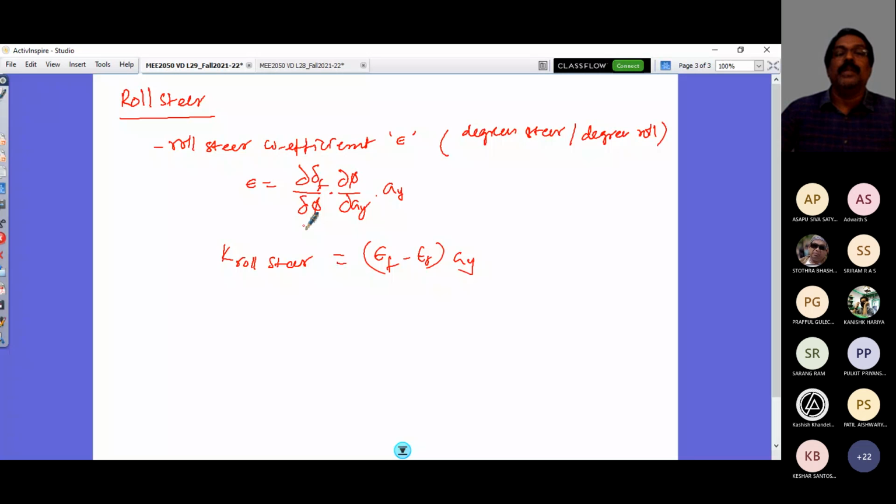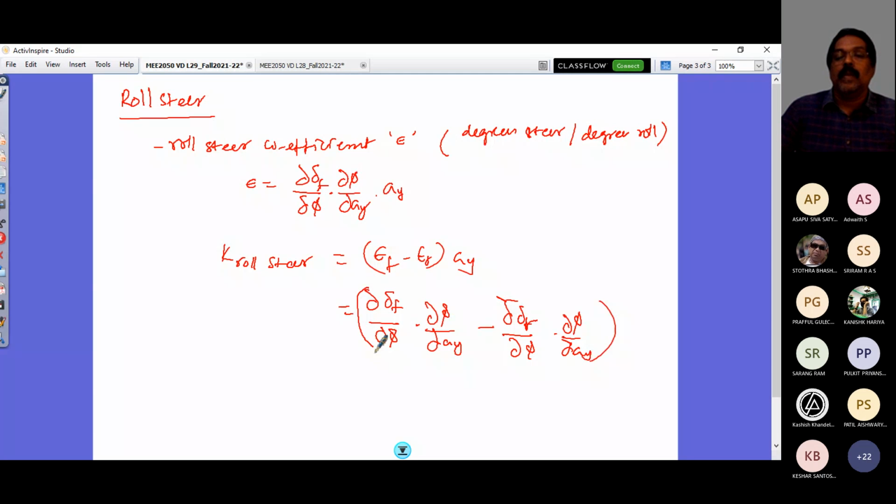So here it is ∂δF/∂φ into ∂φ/∂ay minus ∂δR/∂φ into ∂φ/∂ay.